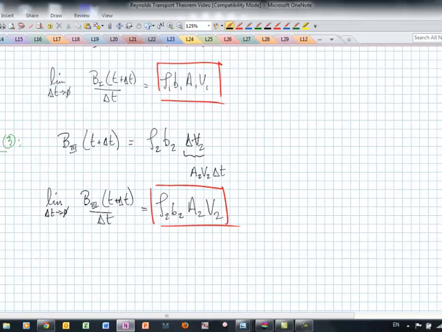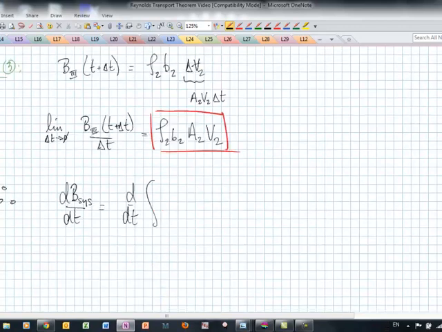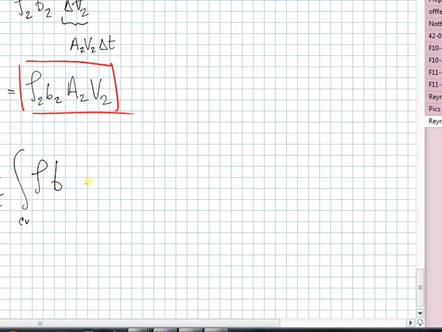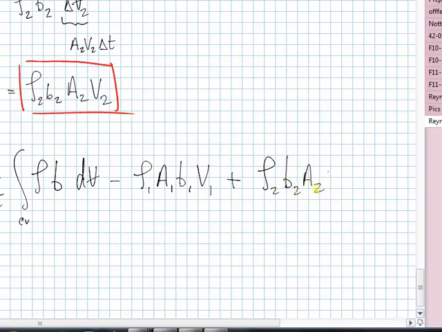When we put it all together, we've got the rate of change of B in the system over time is equal to the derivative of the integral over the control volume of rho B dV, minus rho 1 A1 B1 V1, that's our term 2, plus rho 2 B2 A2 V2.